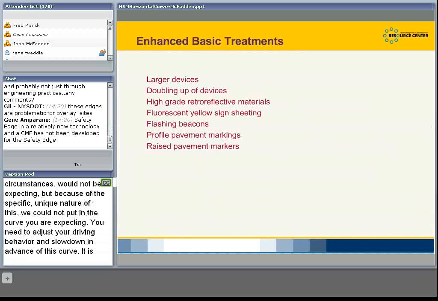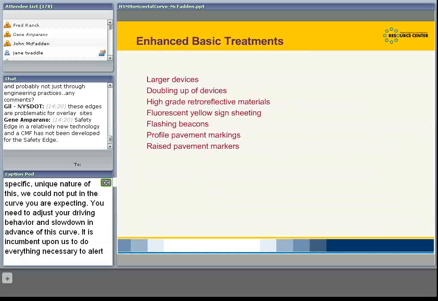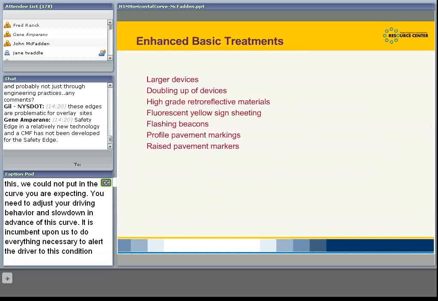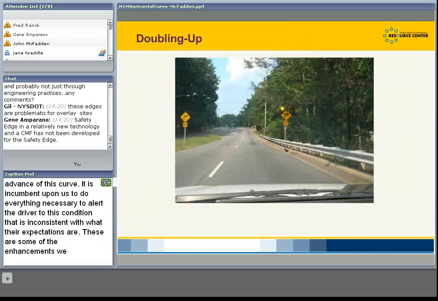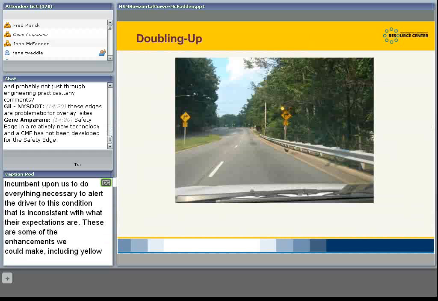From the focus of this presentation, we're dealing with horizontal curves, so you might need larger signs or doubling up of the signs or higher grade retroreflective materials to really shout out to the driver there's a horizontal curve ahead that, under normal circumstances, you wouldn't be expecting.